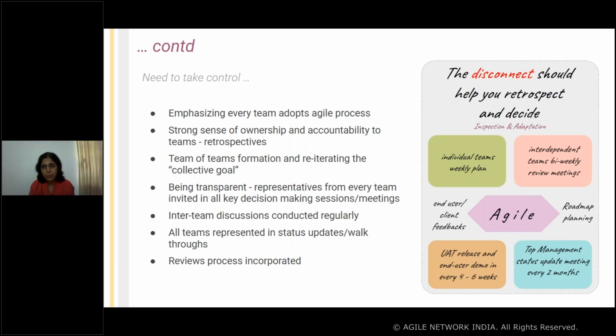So a few things which we put in place: we had individual teams doing their weekly plans, what has to be achieved by their team. Then interdependent teams had bi-weekly review meetings, because there's a lot of communication that has to happen between the two teams.